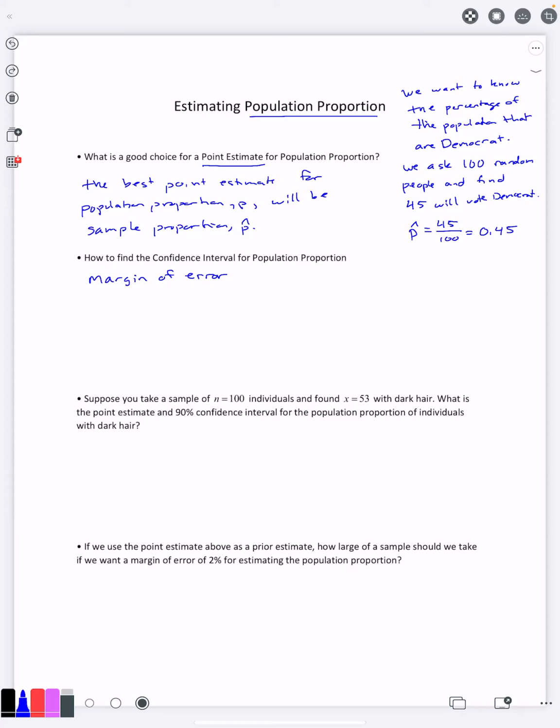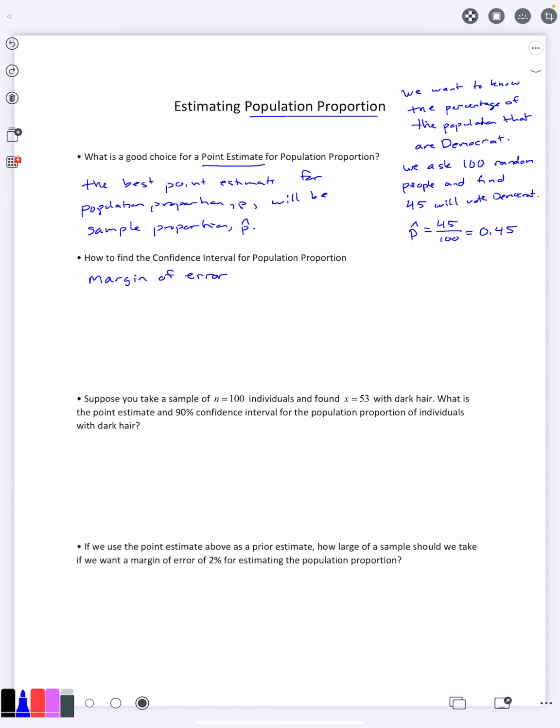And we expect if the sample was taken randomly, we probably aren't off too far from that. So what we want to do is say, well, how far off might we be if we're taking samples from a given population?